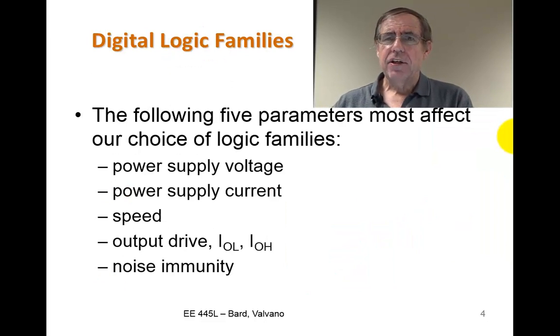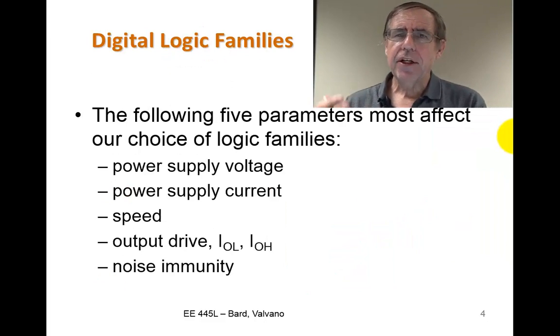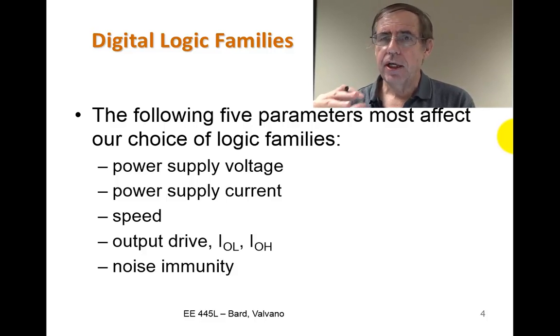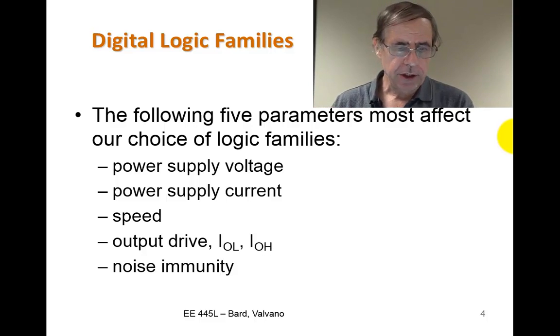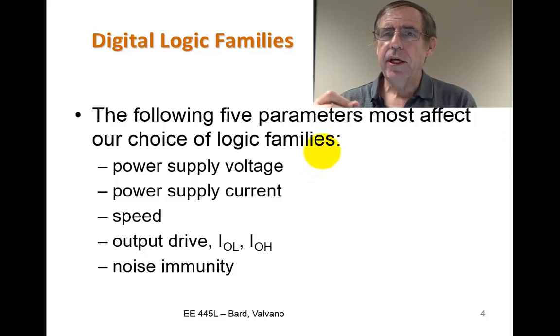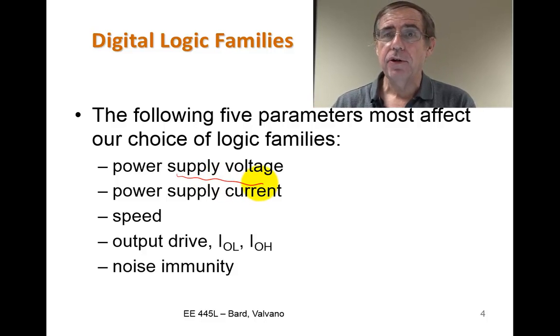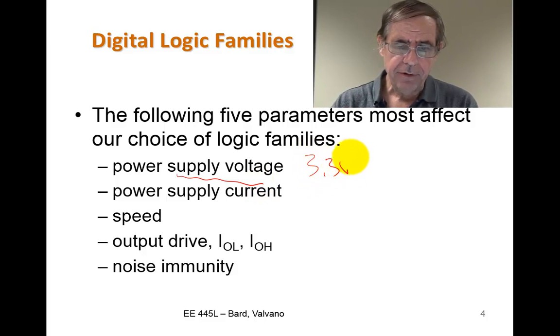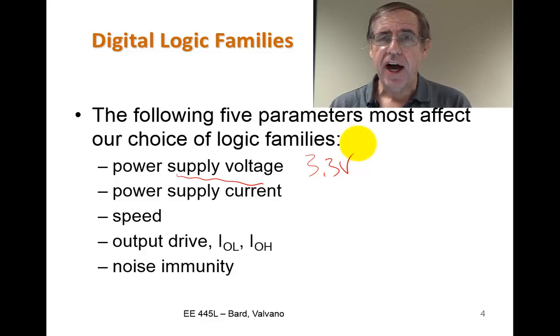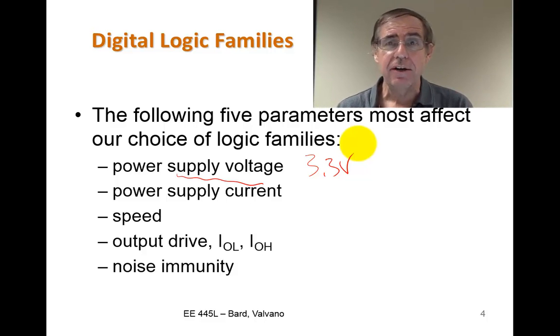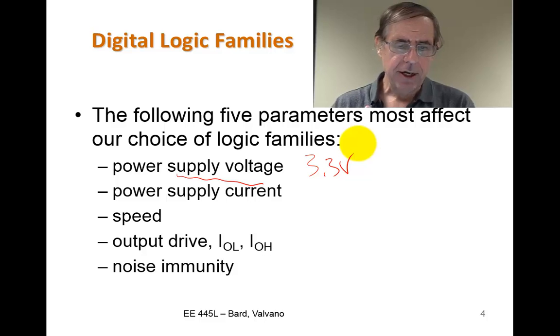When we interface various logic families together, we have to consider these voltage and current parameters in order to make sure it works. As we make up systems, we're interested in what the supply voltage is for that device. Most of the objects that we will use in this class are going to have 3.3 volt logic. Now there may be some 5 volt, and it turns out the processor itself uses some 1.5 volt logic, but most of the stuff we will use in this class is 3.3 volt logic.